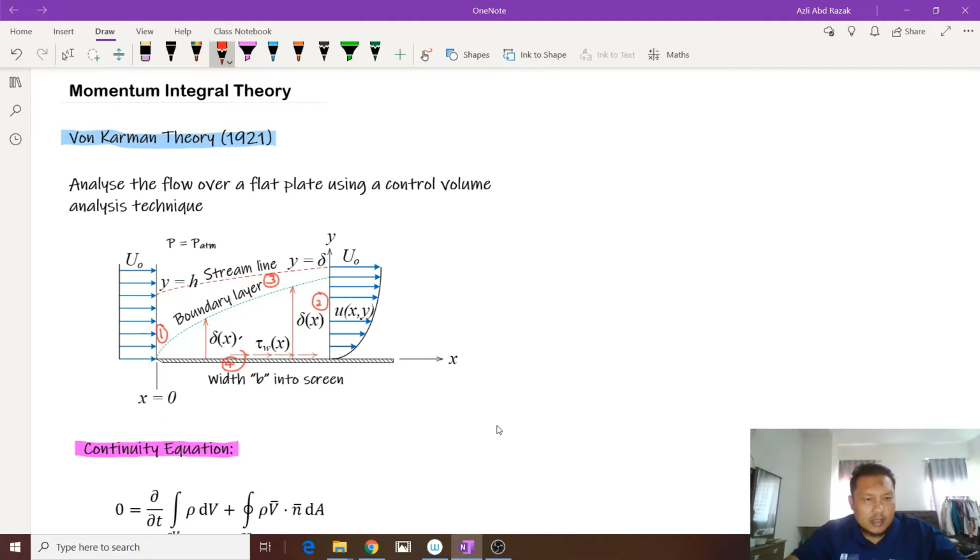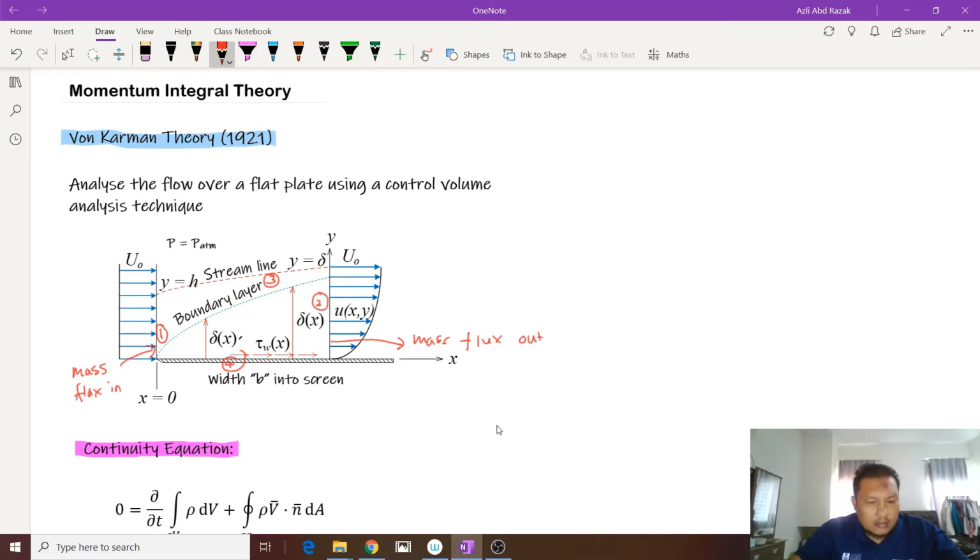When the flow comes in here, this is the mass flux in, and at this surface, this is the mass flux out.